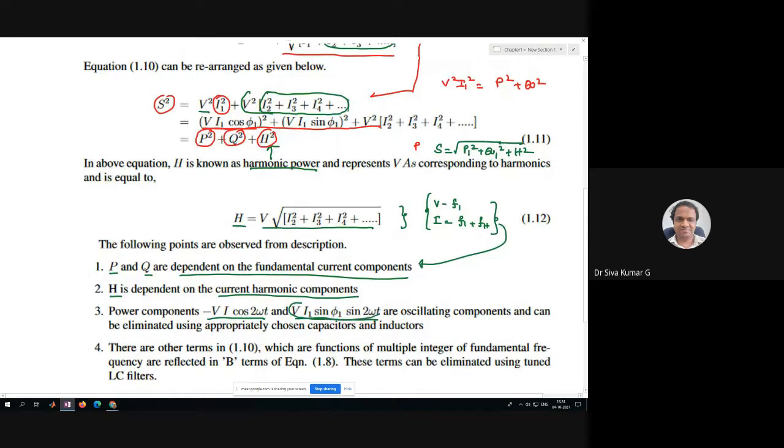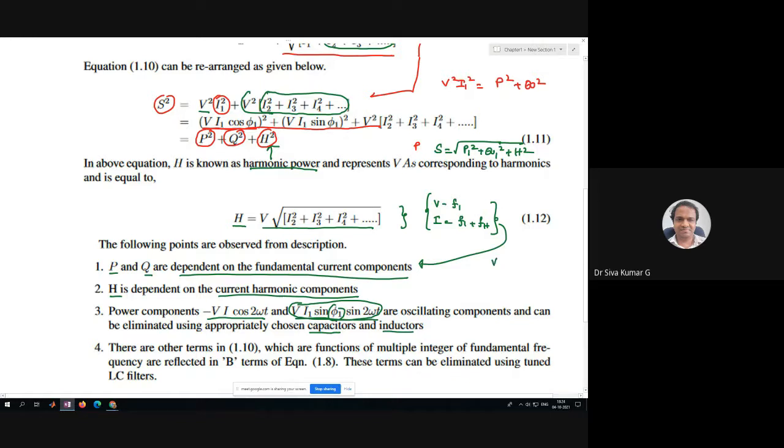Basically, it is contributing because of this phi term. This phi is basically because of capacitors and inductors.